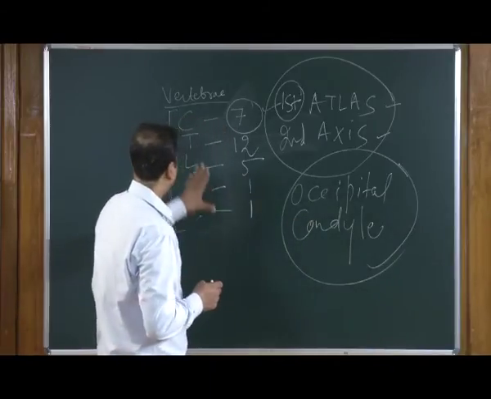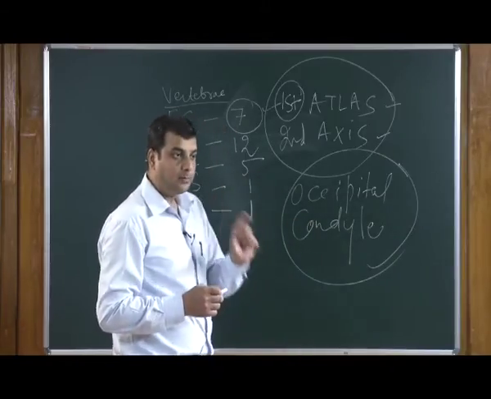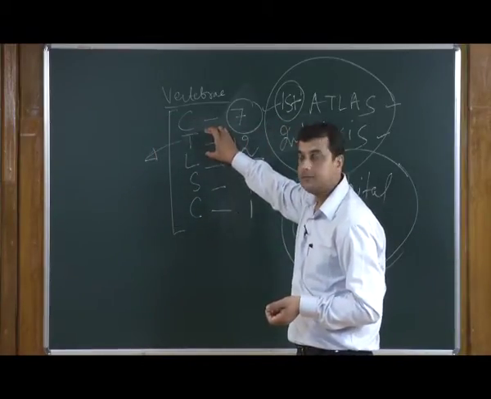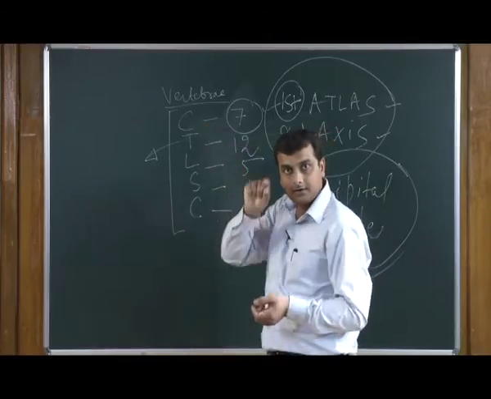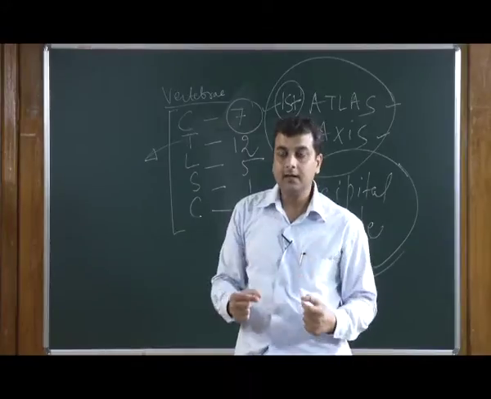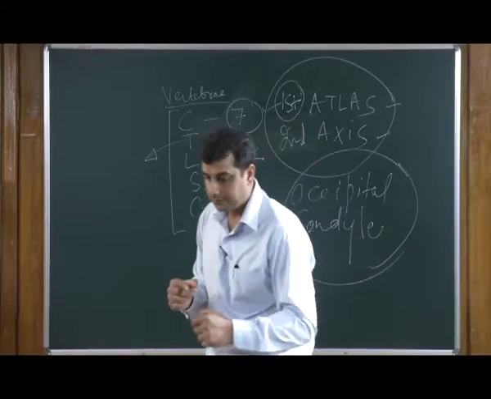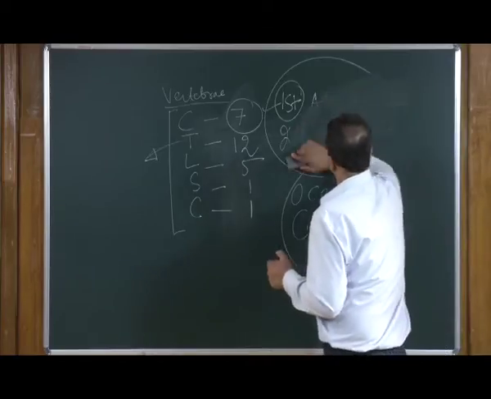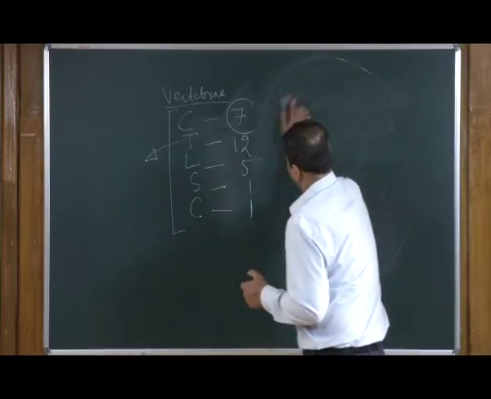Now, the important aspect of the thoracic vertebrae is that the individual vertebrae of the thoracic region give attachment to the ribs. So, we have 12 pairs of ribs. Let us delete this part and we will see the ribs.